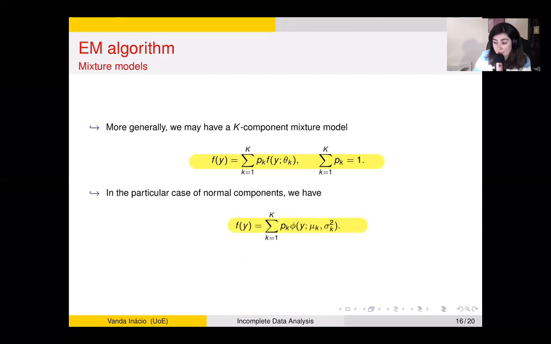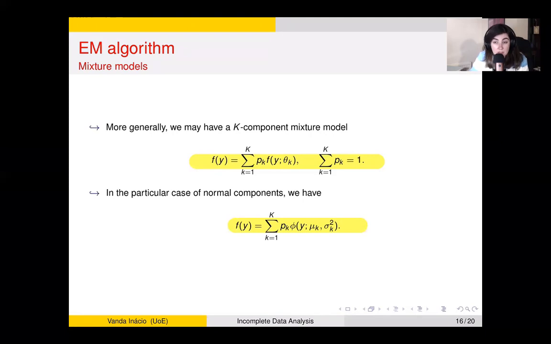It's very similar to what we have been doing, but we have more means and more variances rather than just two. We have k of them, and the weights associated to each component. In fact, we have k of them, but because they need to add up to 1, in practice, I only need to estimate k minus 1 of them.